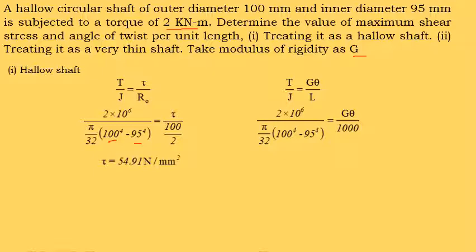So L is 1 meter. Here it is given 1 meter, therefore 1000 millimeter. So we are going to write this in terms of theta. Therefore theta is equal to 1.098 divided by G, because G value is not given.